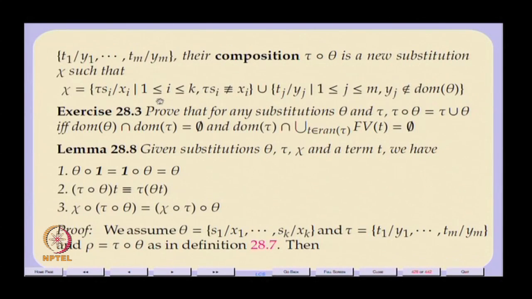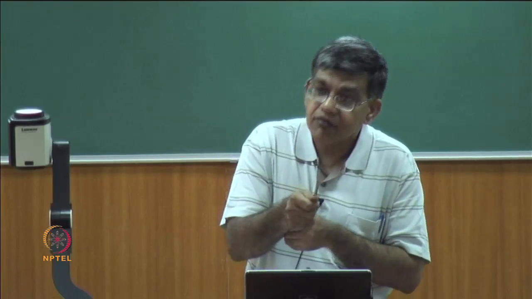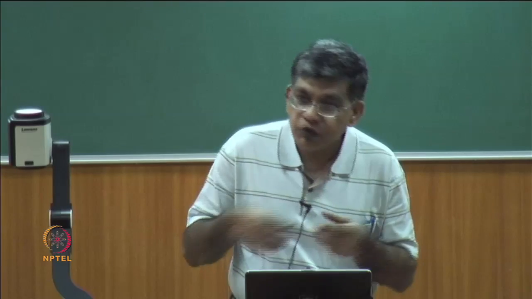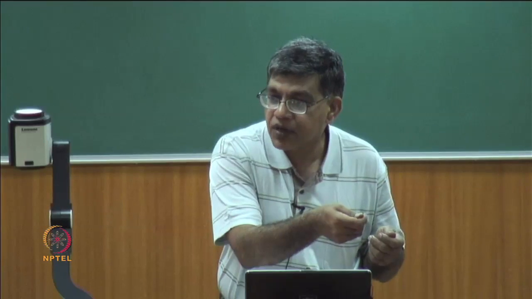And now look at the variables which are in the domain of theta. Theta will first replace each of those x_i by some term s_i. That s_i has its own collection of variables, which tau will again replace some of them.